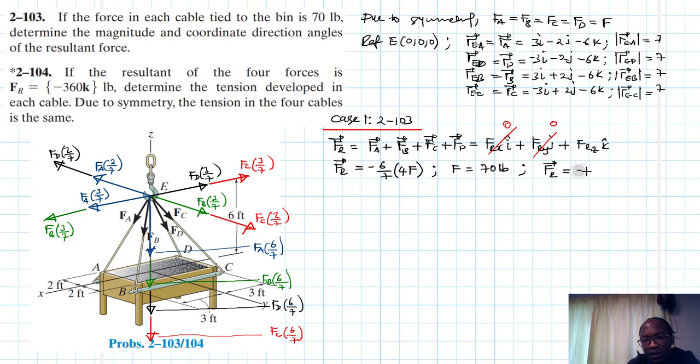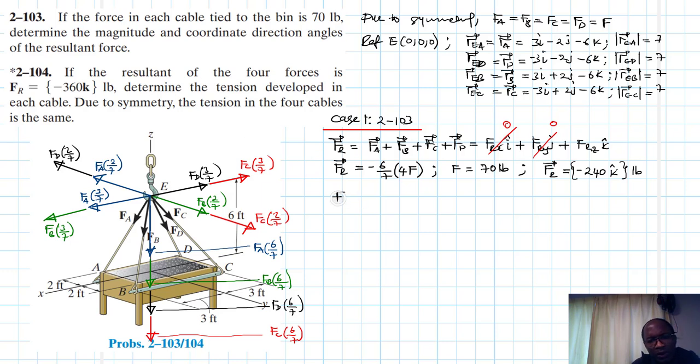This gives us a minus 240k. I think this is about it. Then there is this other part here to find the coordinate direction angles.